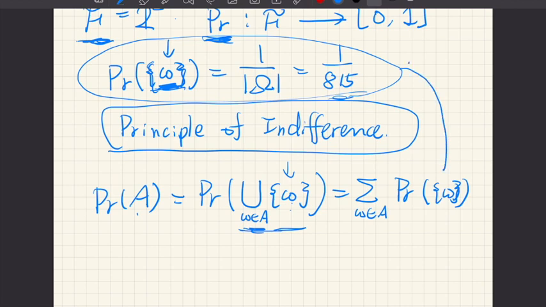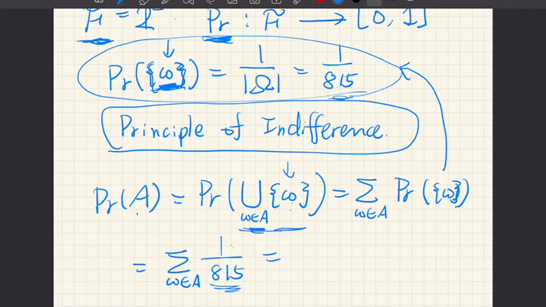But we define this probability measure as this, which is a uniform distribution. So this probability is equal to 1 over 815. So this is a constant. There is no omega here.